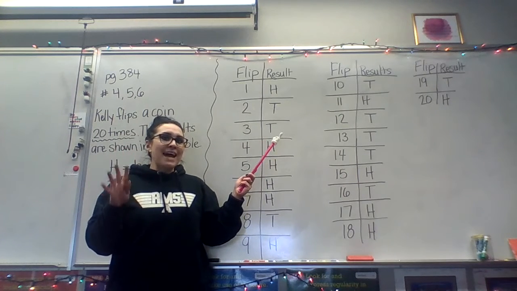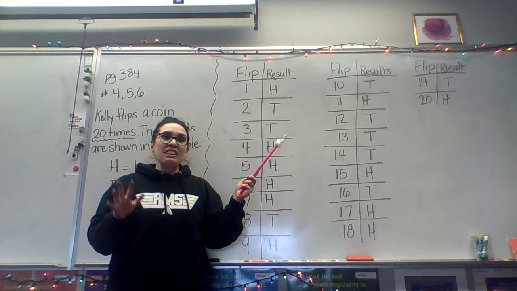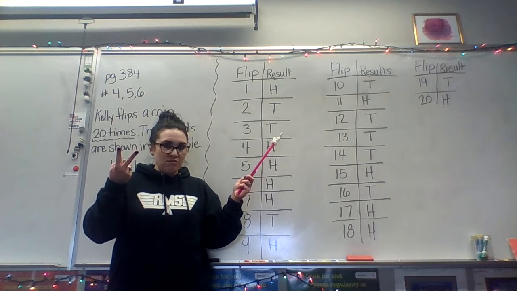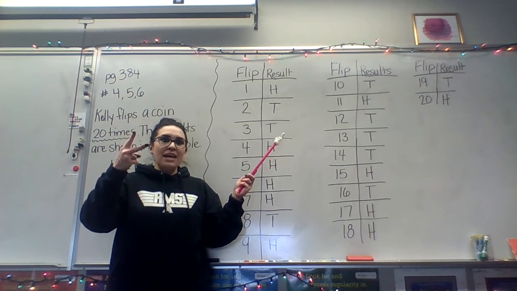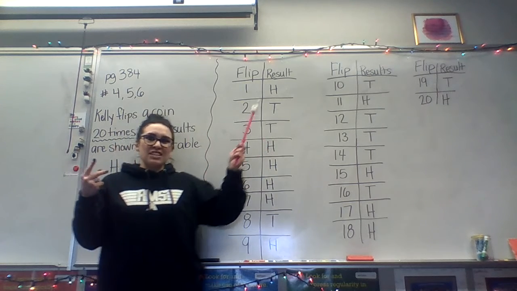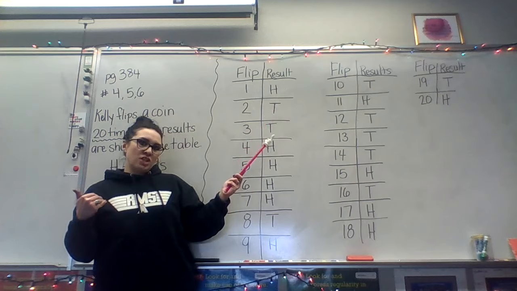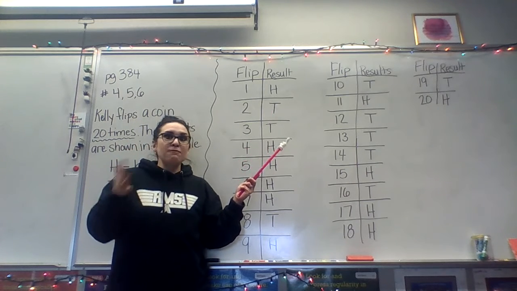Number 4 is asking us about that theoretical probability, right? Now, in theory, there's only 2 options. There's heads, there's tails, that's it, right? Theoretical probability for number 4 asks us, what are the chances that she's going to get heads? What are the chances that she's going to get tails? In theory, it's 50%.